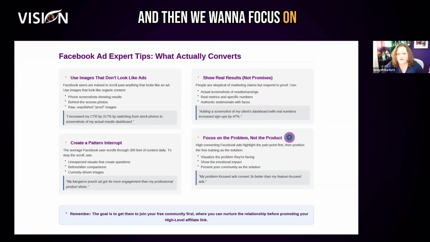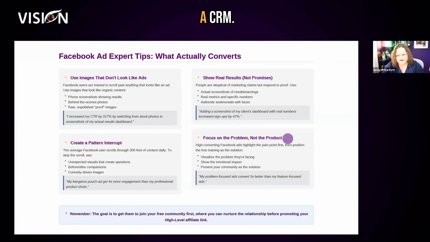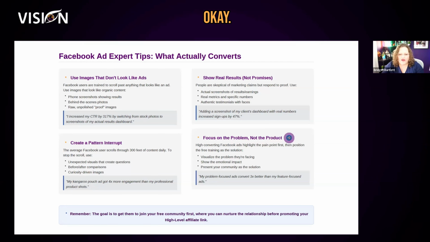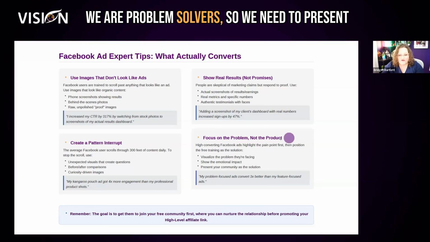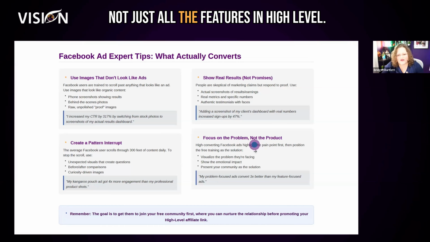And then we want to focus on the problem, not the product. This is so important. We are not resellers of funnel builders, a CRM, workflows and automations, email campaigns. We are problem solvers. So we need to present and focus on the problem and the solution, not just all the features in HighLevel.